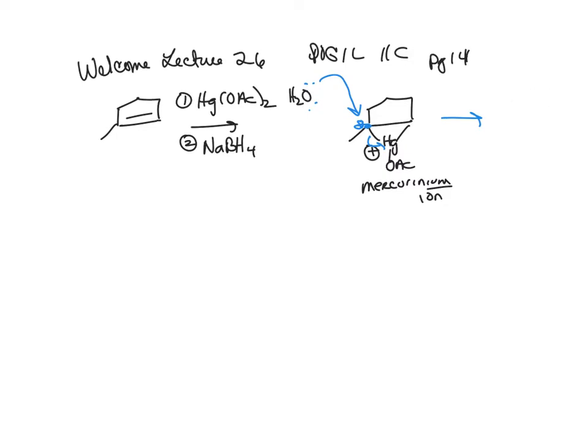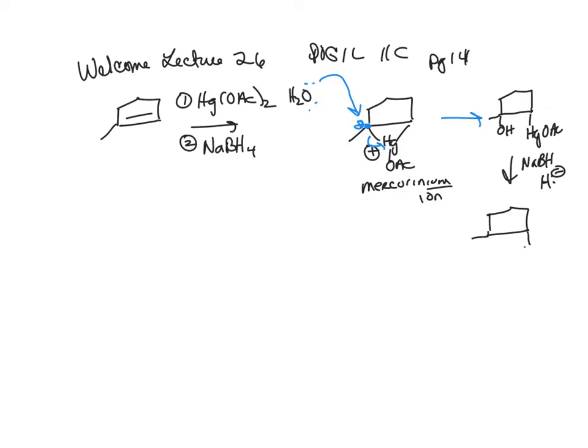We also talked about what if that was methanol as your nucleophile. So if this reaction was done in water, you would get ether. And then sodium borohydride delivers a hydride, which exchanges basically for the mercury.